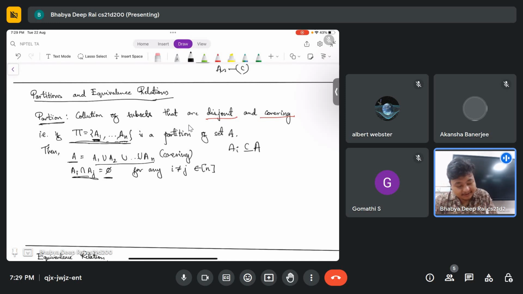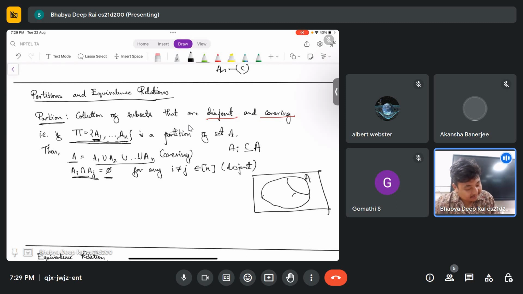This is what is called disjointness. They don't share any elements together. So, for example, if this is the set A, then partitions will look like this. They don't overlap, but they cover all the elements.